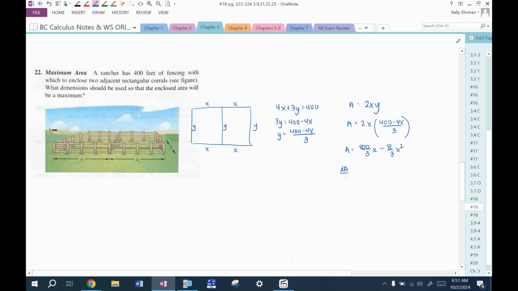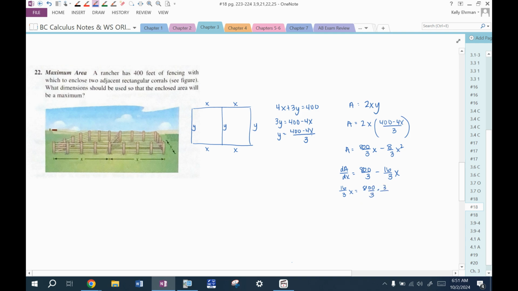So dA/dx, or A prime, is equal to 800 thirds minus 16 thirds x. And let's see, if we solve this for 0, we get 16 thirds x would have to equal 800 thirds.